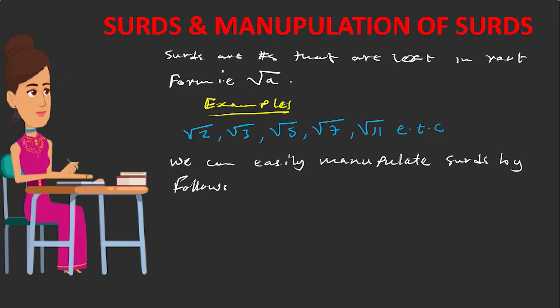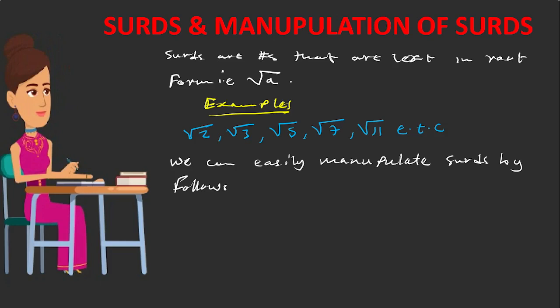The rules that I'm going to give are the rules that you are supposed to follow to manipulate these surds. From the definition, surds are numbers that are left in root form, for example square root a, where a should be greater than or equal to 0.